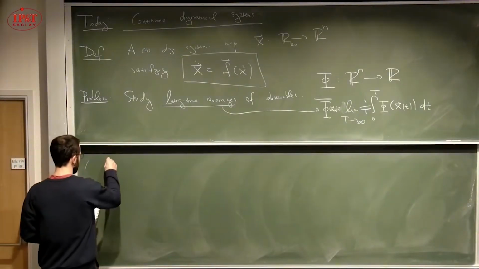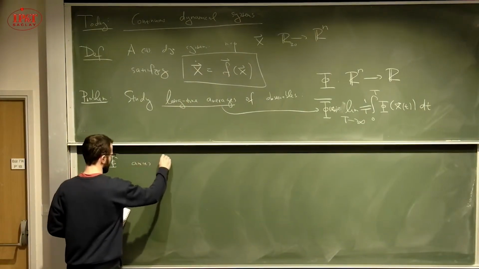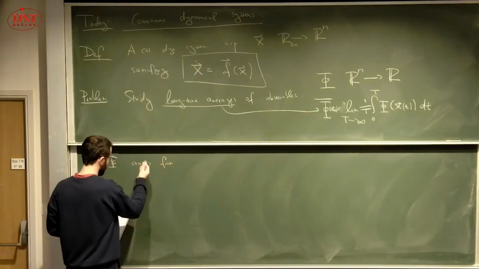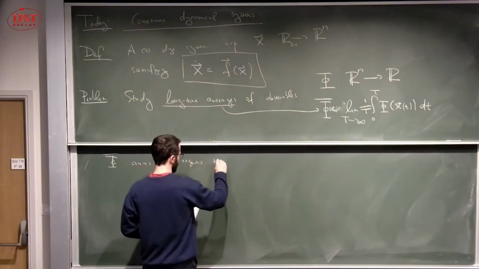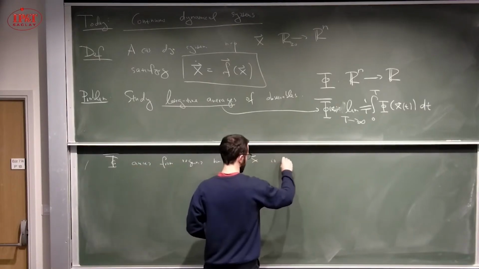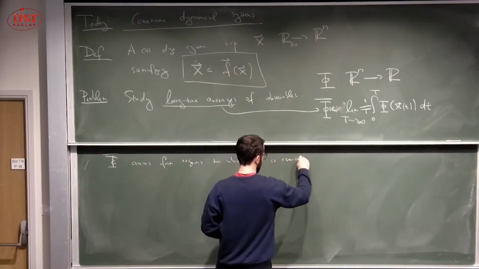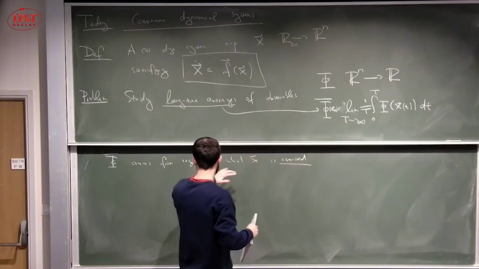Okay, so the idea is that this phi bar receives the dominant contribution from regions to which this vector is attracted. And these regions, this is also called an attractor.